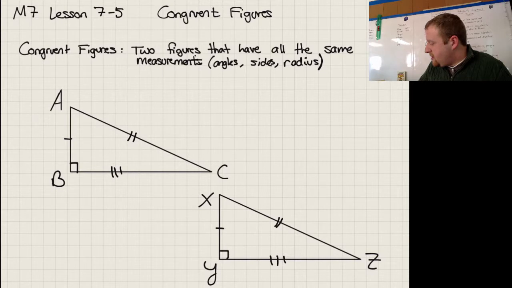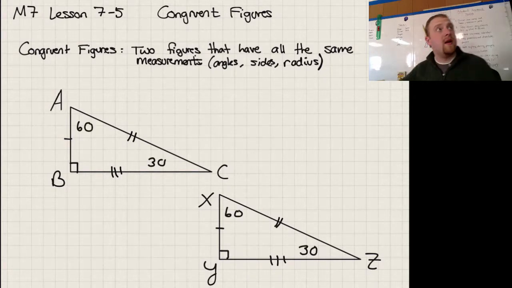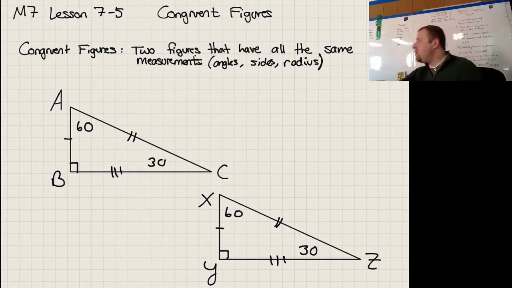Let's say that this is 30 degrees. This is 30 degrees. If this is 60 degrees, this is 60 degrees. Everything about the two images is the same. Do you think it would matter if I were to rotate the second image so that it was upright? What do you think?